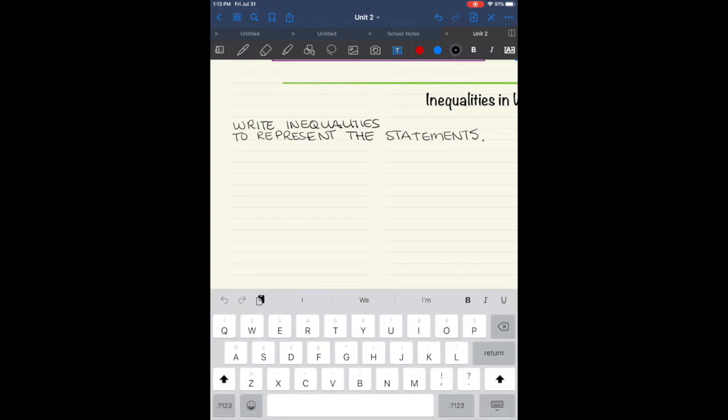I'm typing these out again just to be a little more efficient and to save us some time since I write pretty slow. So the temperature outside, T, is less than 90 degrees.